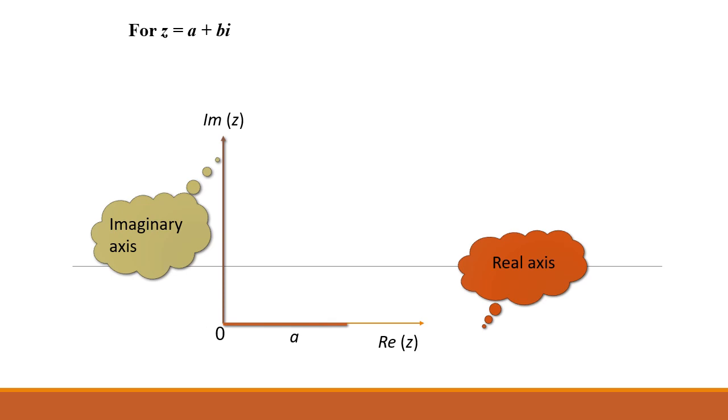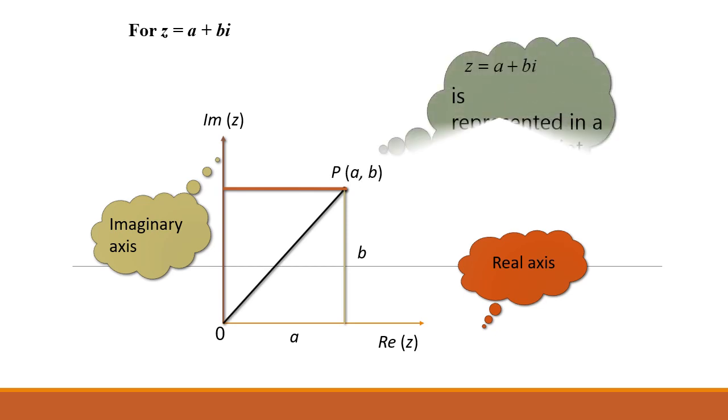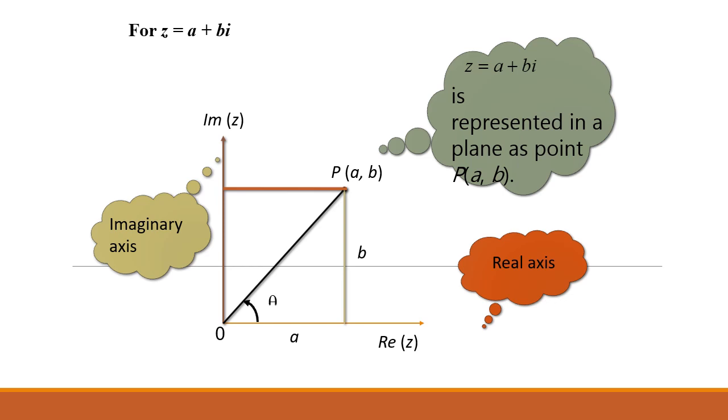For z, the value of the real part is a, so it is on the real axis, and the value of the imaginary part is equal to b. So the point is here.